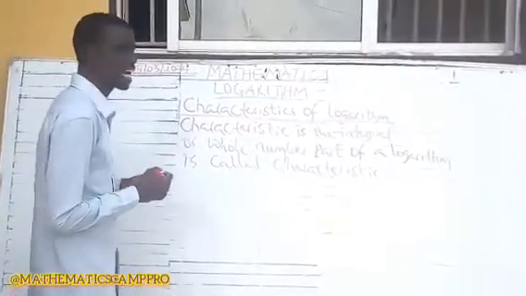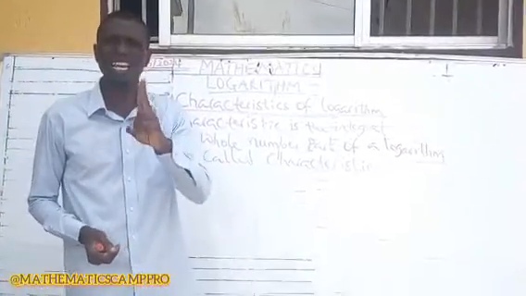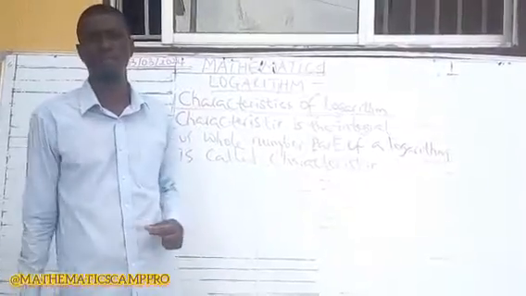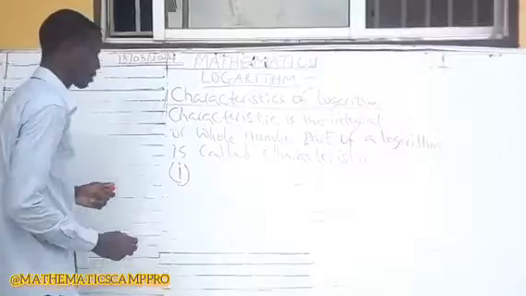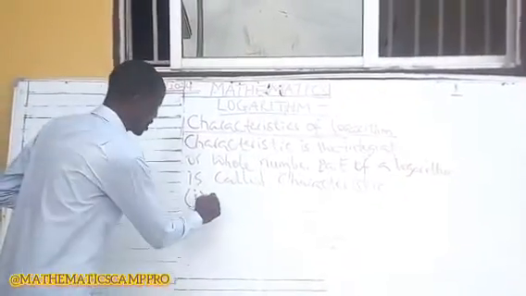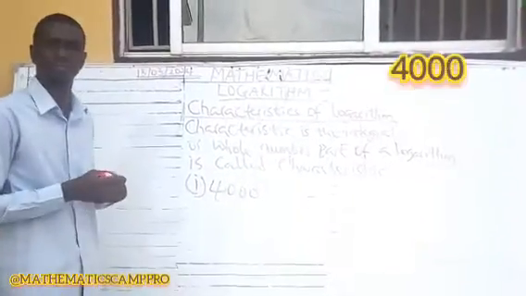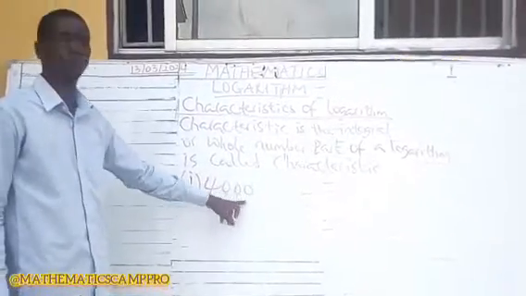Now, there are 2 ways by which you can know how to inspect the characteristics of a number. The number 1 way, when you are given a digit, looking at this now, I have 4,000. How many digits is this? 1, 2, 3, 4.